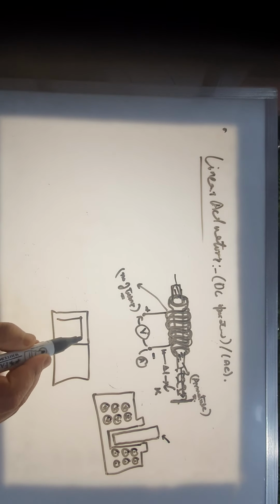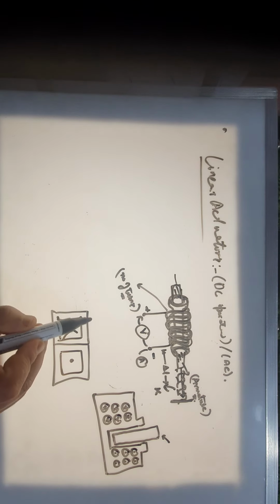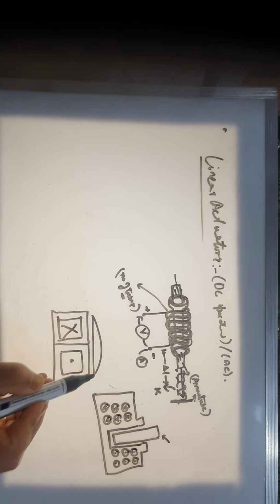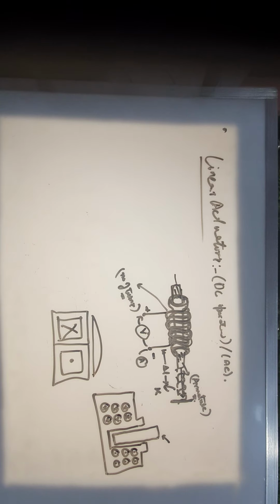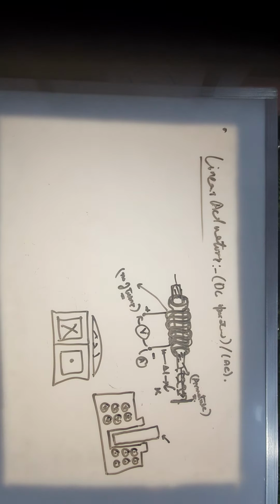So I will now show it at a larger scale like this. So you have a disc here, the armature in the form of a disc. What is it used for? It is used for those particular applications where you need very small displacements, but you need a good amount of force.